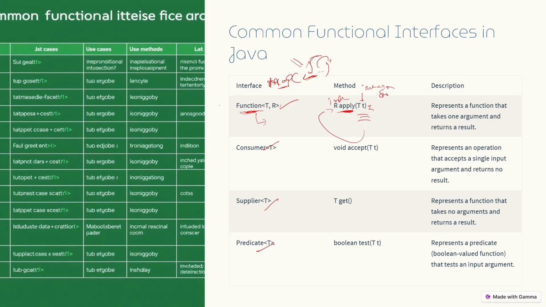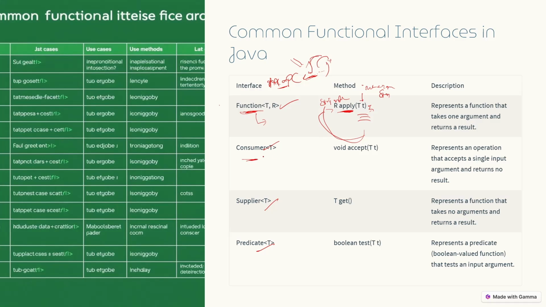If I'm sending string, then it will give the output as a string. Okay, so Function is a functional interface. It has a method called apply. What will apply do? It will take the input, do the process, and give the result in the same data type. Okay, clear?